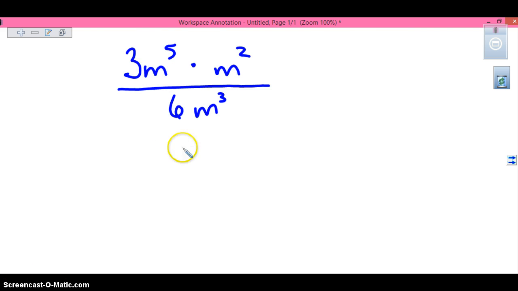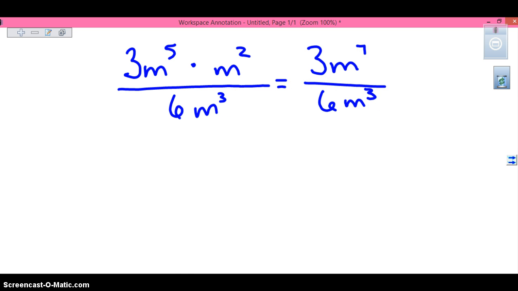If we need to simplify 3m to the 5th power times m squared divided by 6m cubed, we need to start with the numerator and use the product of powers property. So 3 times 1 would be 3, 5 plus 2 would be 7 over 6m cubed.